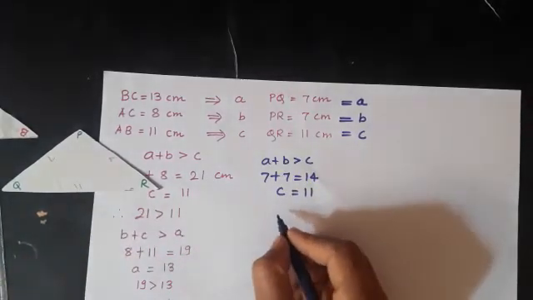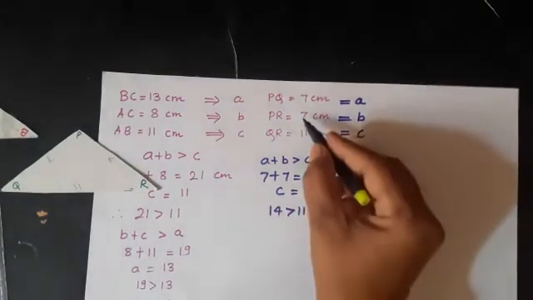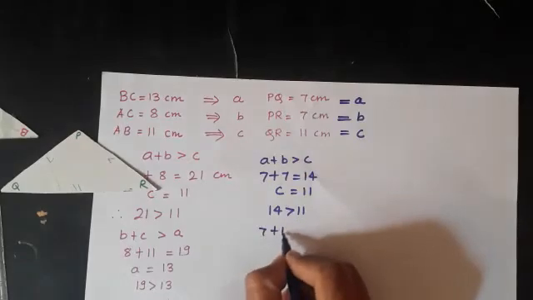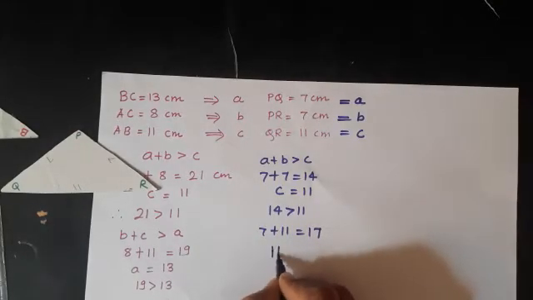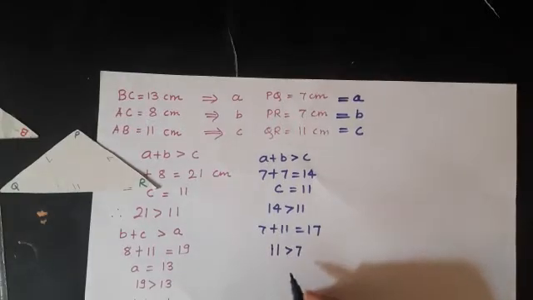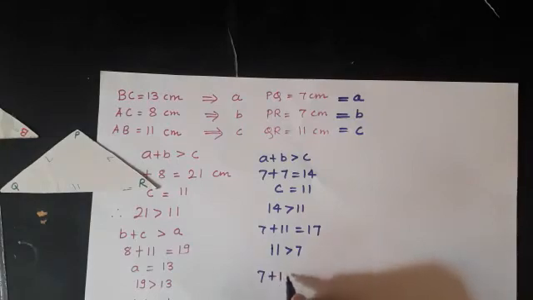So 14 is definitely greater than 11. Same way I'll add 7 plus 11 is equal to 17 and the third side is 7. So 17 is greater than 7. The next pair, 7 plus 11 again is equal to 17, and the third side is again 7.